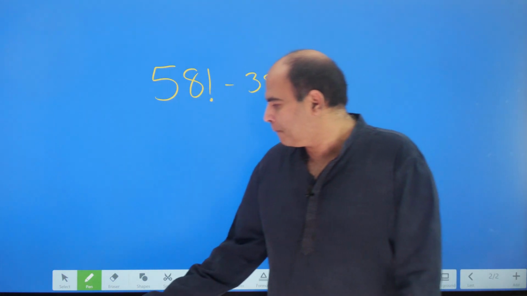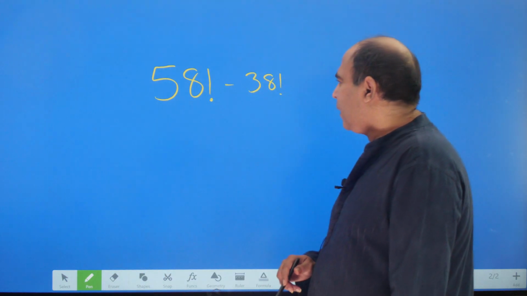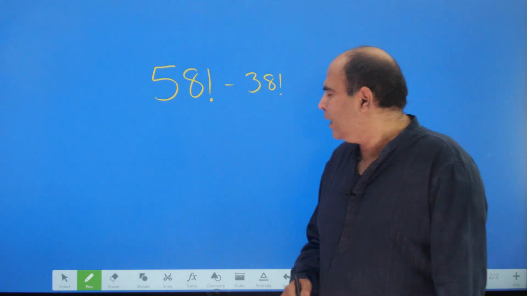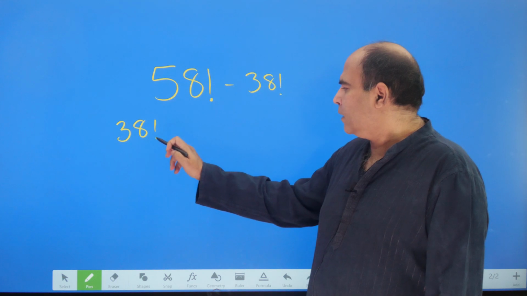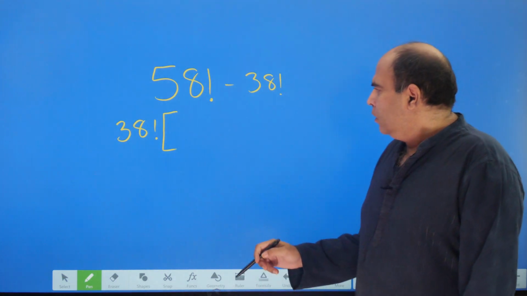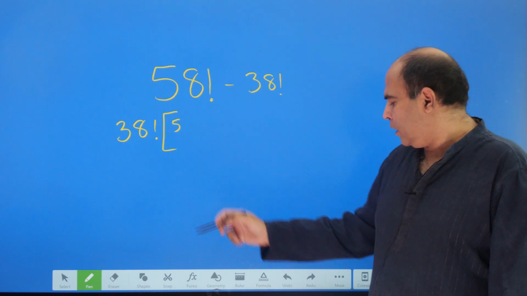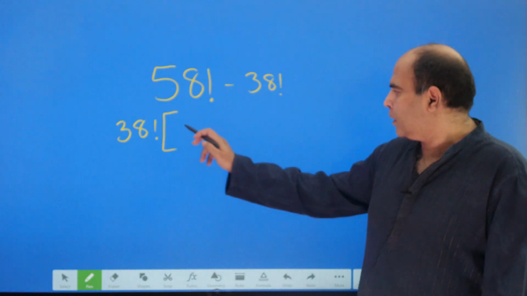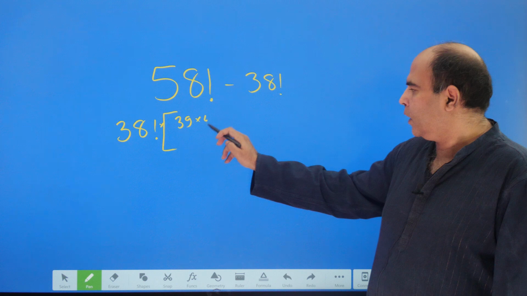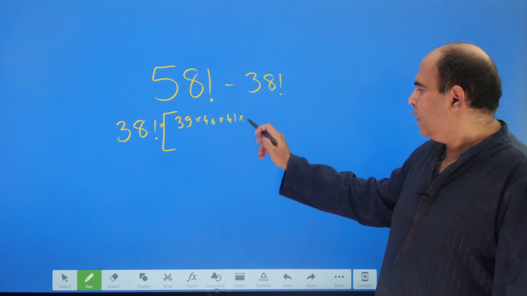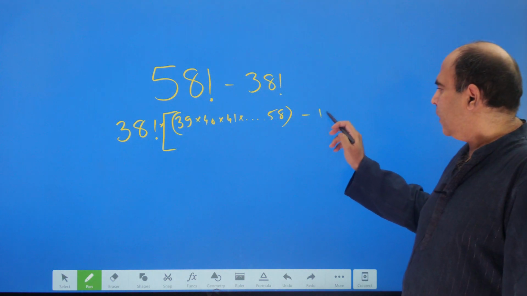So let's have a look. 58 factorial minus 38 factorial can naturally be written as, if I take 38 factorial outside in brackets here, we can write it opposite. 58 factorial will be 38 factorial into 39 into 40 into 41 up to 58, and this will be minus 1.